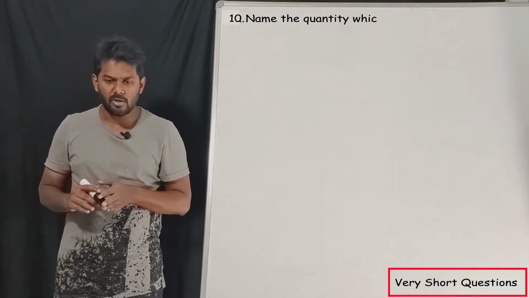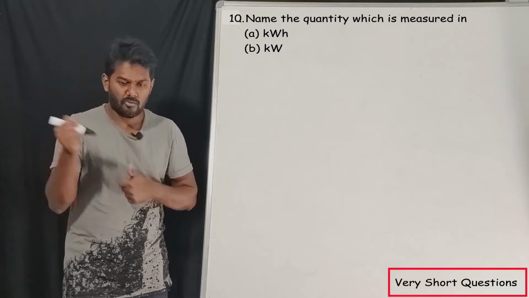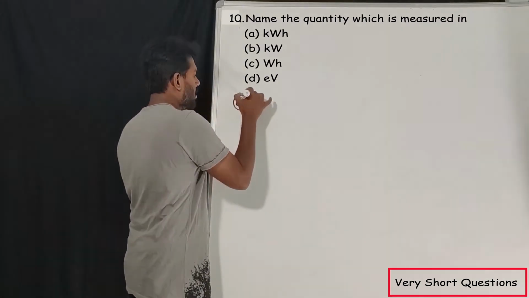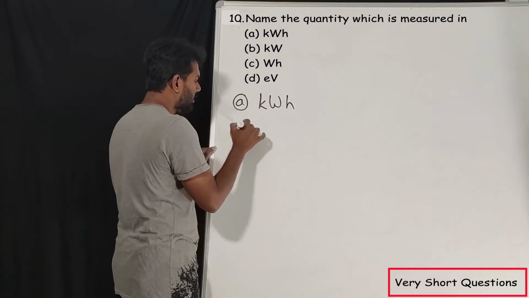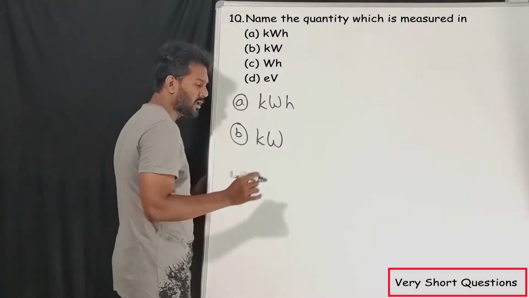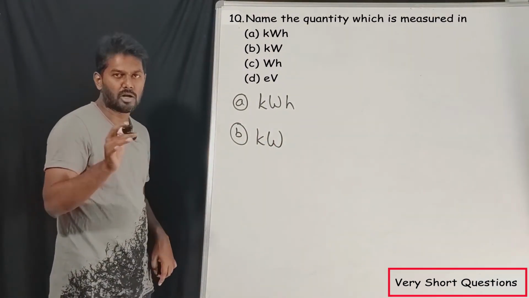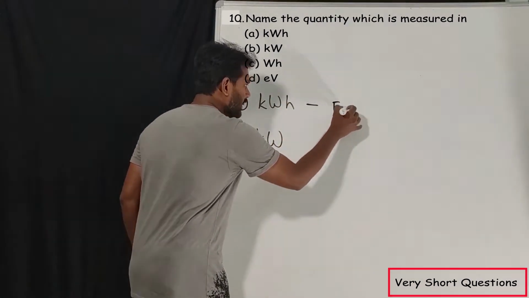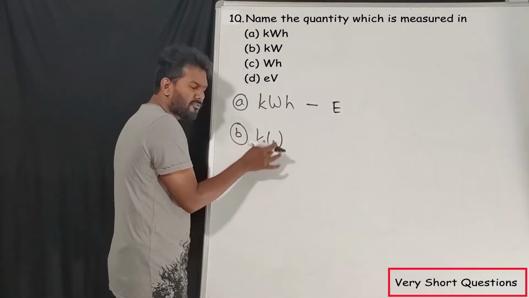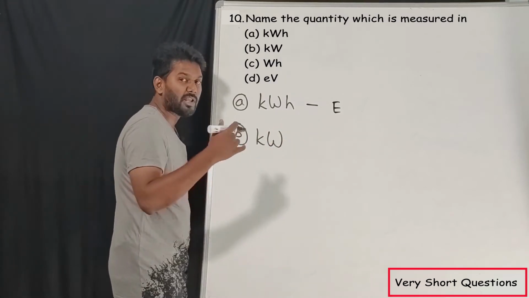That's it. Name the quantity which is measured in the first one, kilowatt hour, and the second one, kilowatt. See, in the previous question we understood that watt hour is a unit of energy. When it is only watt, it is the unit of power.